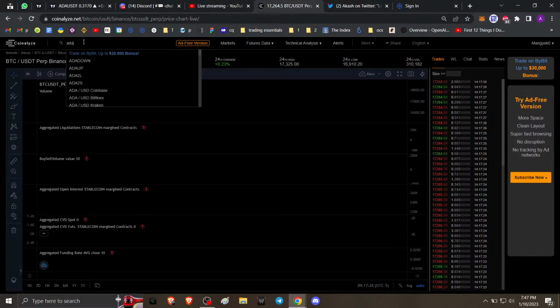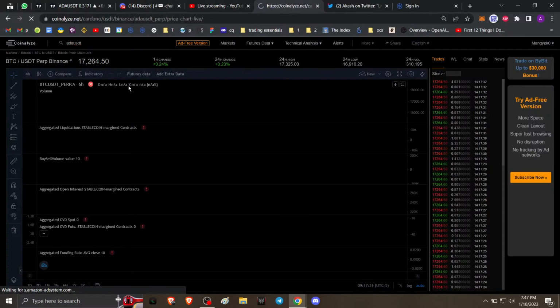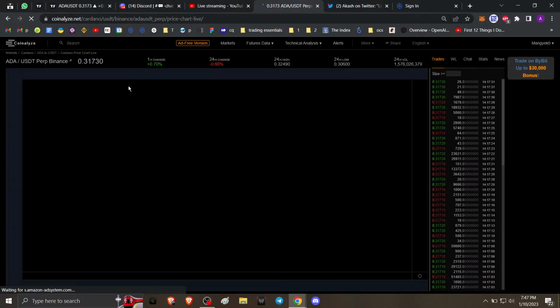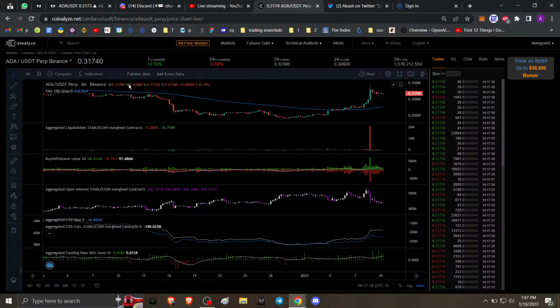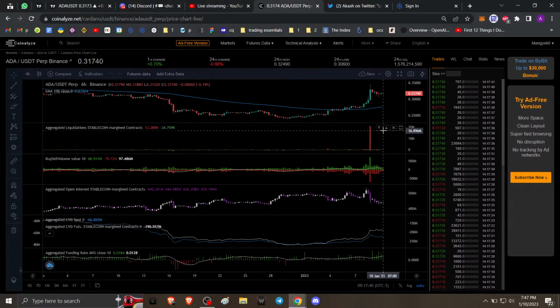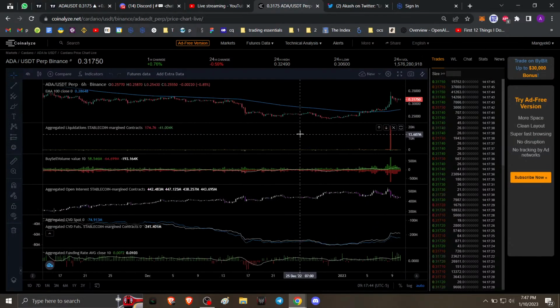I want to see what the order flow is like for Cardano. Holy shit, what is this? 20.5 million?